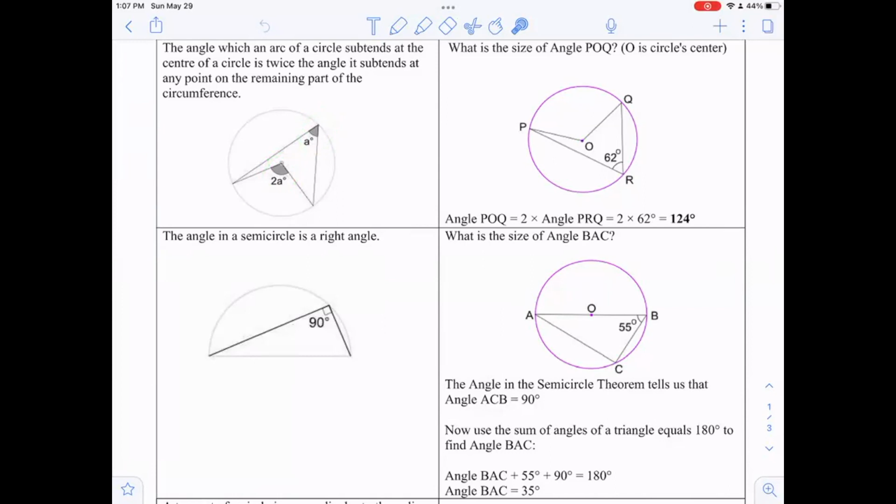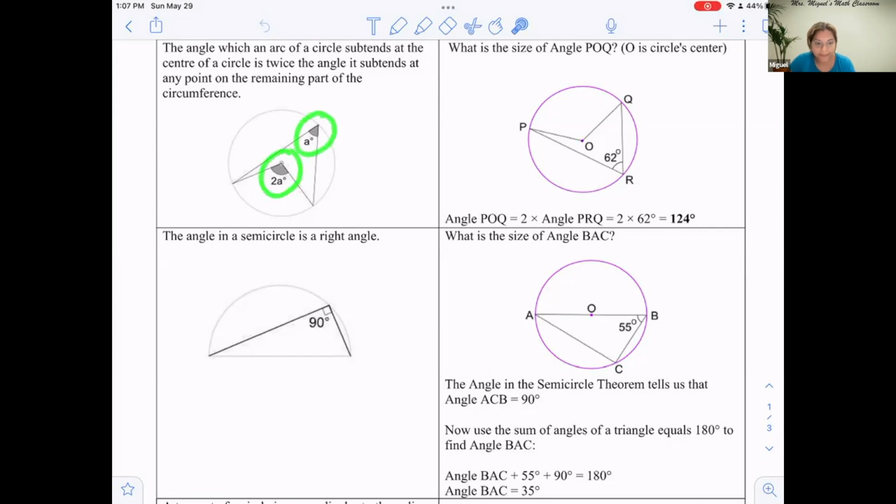You are not learning it as theorem 1, etc. All you need to know is the angle at the center is twice the size of the angle at the circumference. Whenever one side of the triangle is the diameter, the angle in the semicircle is a right angle. So that is theorem 2.